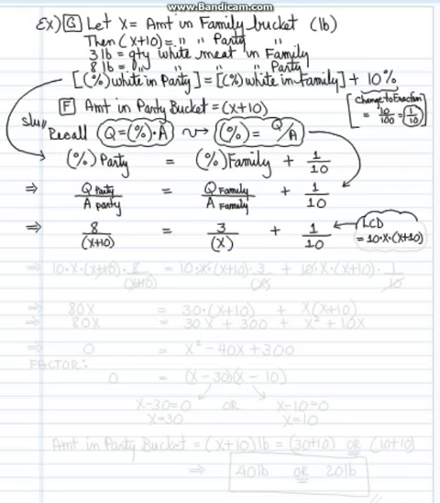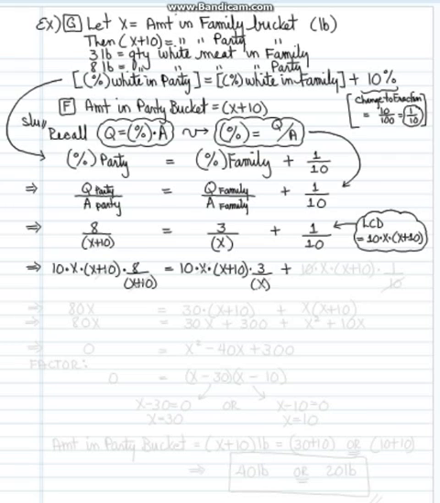Okay, so we are going to get rid of the fractions by multiplying all three terms by the LCD. So we have 10 times x times x plus 10 times the first term, 8 over x plus 10, equals 10 times x times x plus 10, the LCD, times this next term, 3 over x.